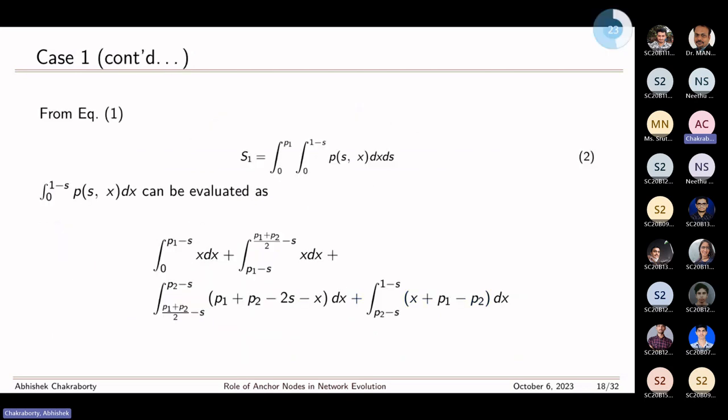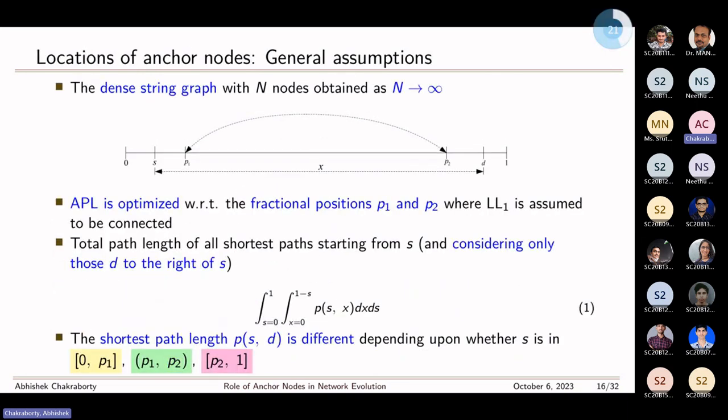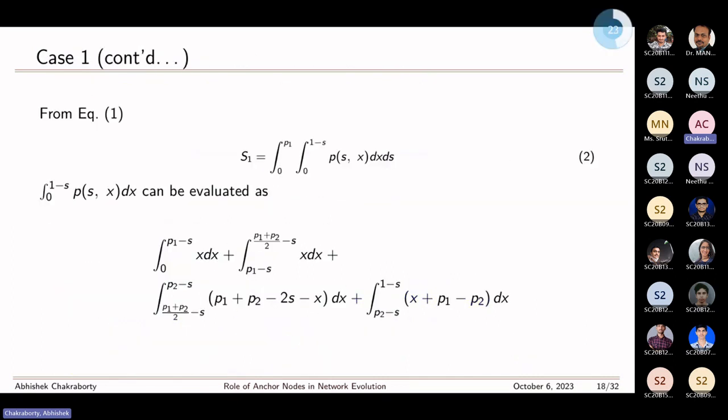Now we need to identify the first part, so it's 0 to P1. Instead of 0 to 1, it is now segmented as 0 to P1. So now we are integrating the outside from 0 to P1, and the D value is from 0 to 1 minus S. Now we have added all those options here, and that will give us the first case.